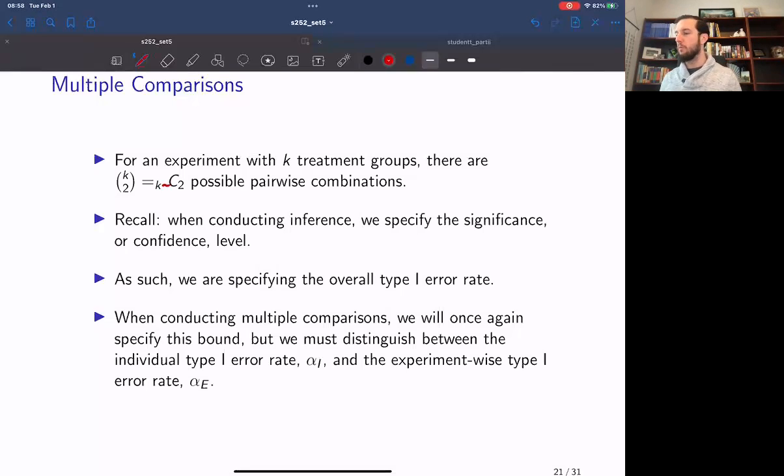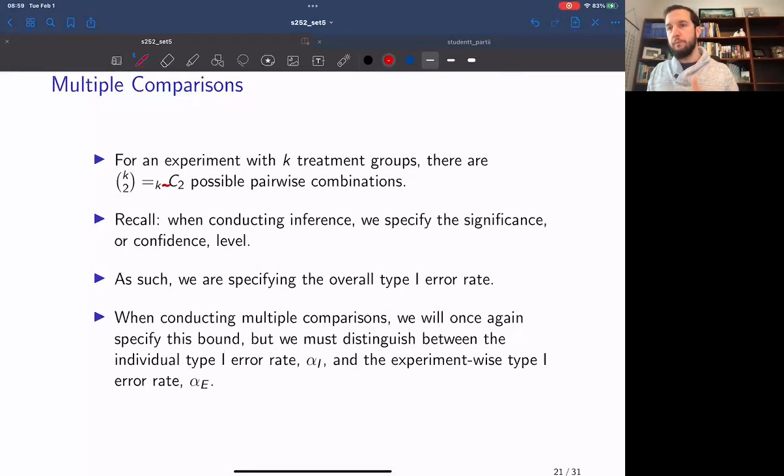Essentially, multiple comparisons will almost always follow a one-way ANOVA or an ANOVA of some kind. When we run the ANOVA, we declare the experiment-wise error. So we're going to say we have an ANOVA procedure. We're going to run the ANOVA at the 5% significance level.